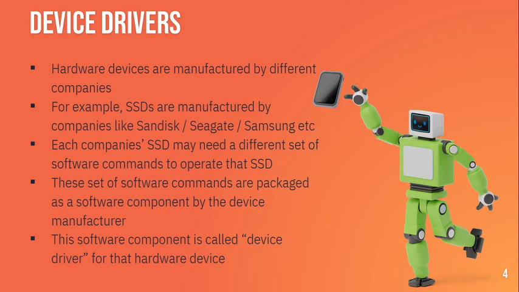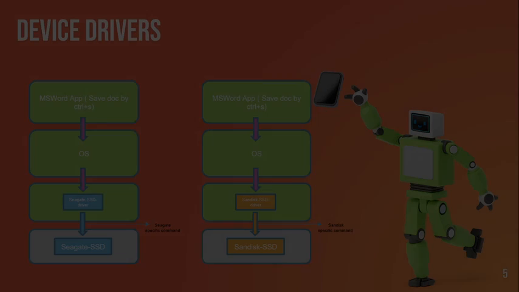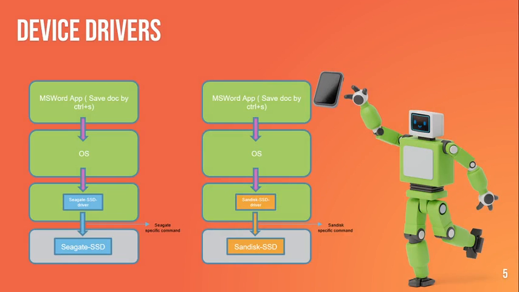Now, let's see what exactly a device driver is by using a picture. You can think of each of these pictures as a computer. The left side computer has a Seagate SSD, and the right side computer has a SanDisk SSD.